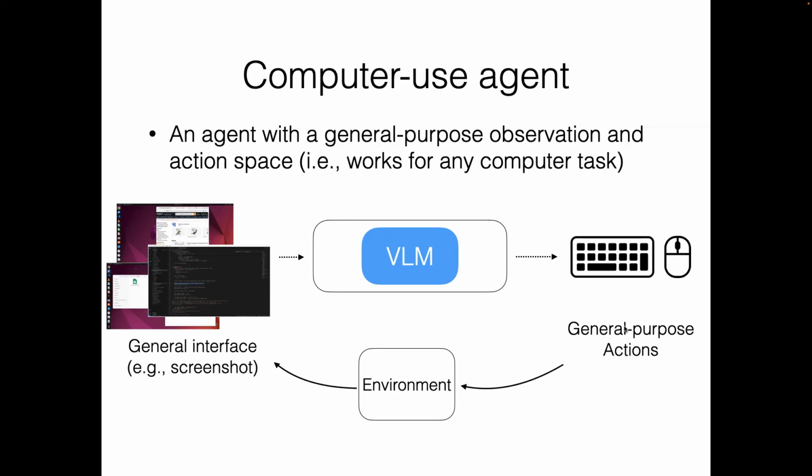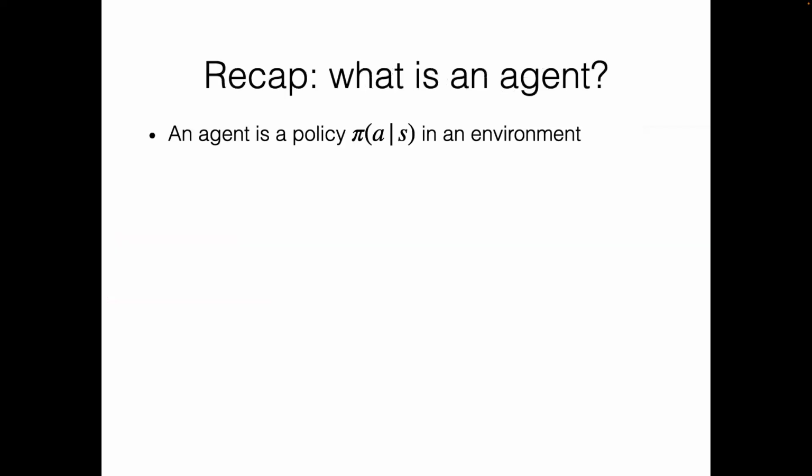So there are things like clicking, there are things like typing. Then you might call this a computer use agent, where the agent's observation space and action space can potentially work for anything involved with a computer. And right now, typically you'll try to implement these with a vision language model in the loop. I'll go over some examples of those later.